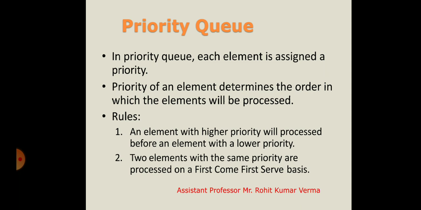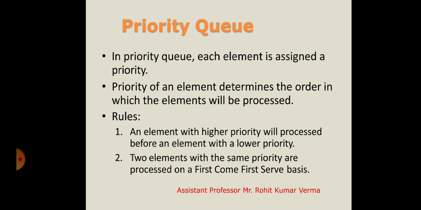Okay, so dear students, in case of priority queue, two things are always to be remembered. An element with higher priority will be processed before an element with lower priority.